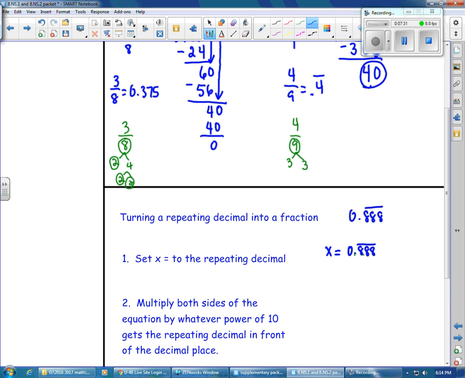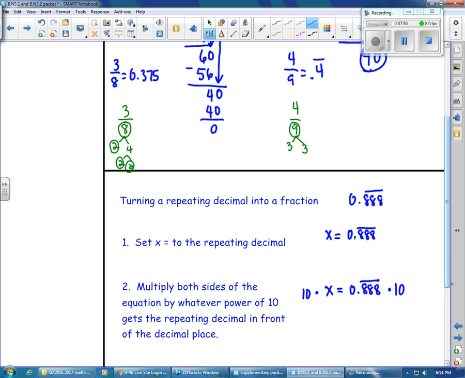I'm going to rewrite the equation first of all so that you have an example here. So x equals 0.888 repeating. I'm going to multiply by 10 on the left side of the equation, multiply by 10 on the right side of the equation.